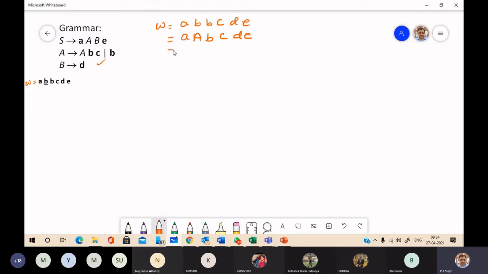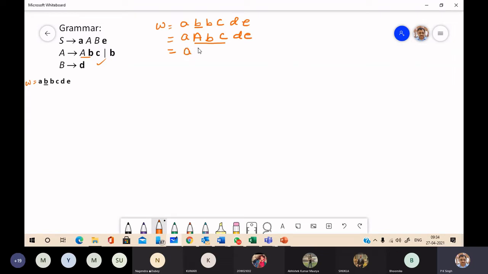We repeat this process. Now we have a substring matching the right side of one of the productions, so again we can replace it by its left side.